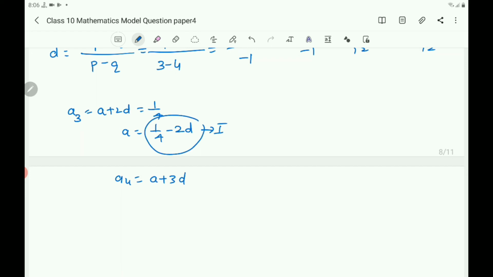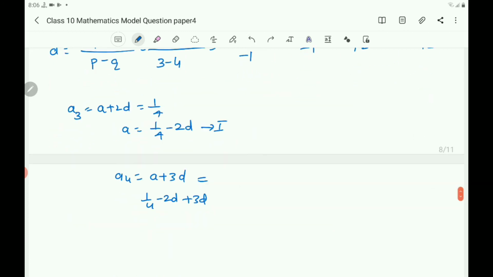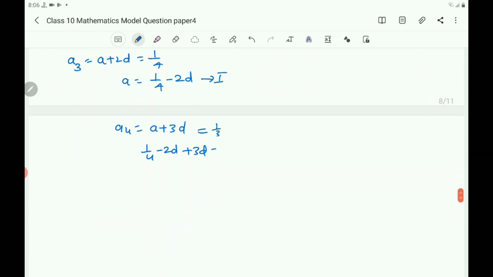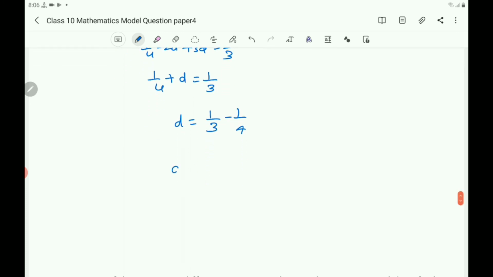Then in the place of A, you write 1 by 4 minus 2D plus 3D, that is 1 by 3. Then it becomes 1 by 4 minus 2D plus 3D, that is plus D equals 1 by 3. Then it becomes D equals 1 by 3 minus 1 by 4. And the LCM becomes 12, and numerator becomes 4 minus 3, so D equals 1 by 12.